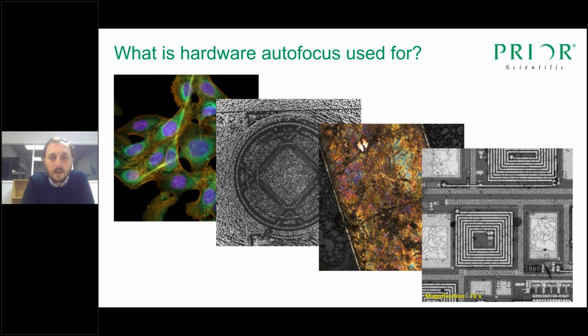And finally, in the semiconductor world, where you've got very, very large samples that you want to scan over, but you don't want to take too many images, you don't want to have to be doing an autofocus routine, taking multiple images in the Z-axis at any given time either. And again, we're seeing this type of technology increasingly applied into the microfluidic space and the life science space as well.